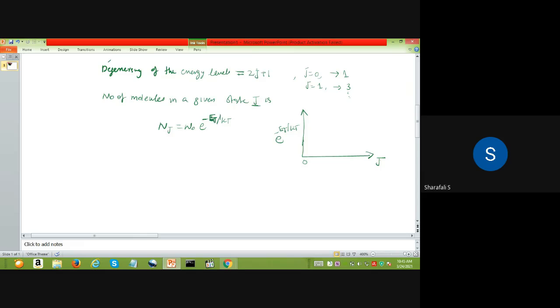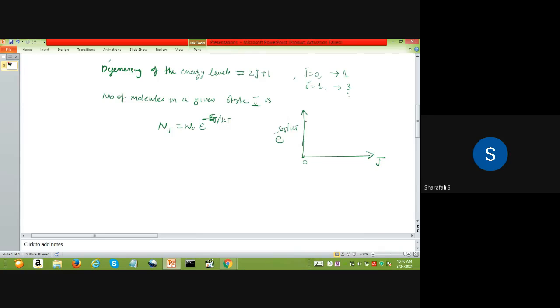If J equal to 0, then EJ equals 0, as we discussed earlier, because EJ equals h square by 8 pi square I into J into J plus 1, so it is multiplied by J, which is 0 in the first case. So when J equal to 0, this term will become 1, and NJ will become N0.